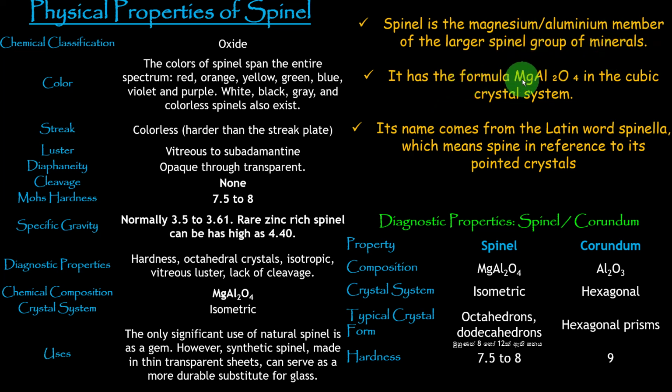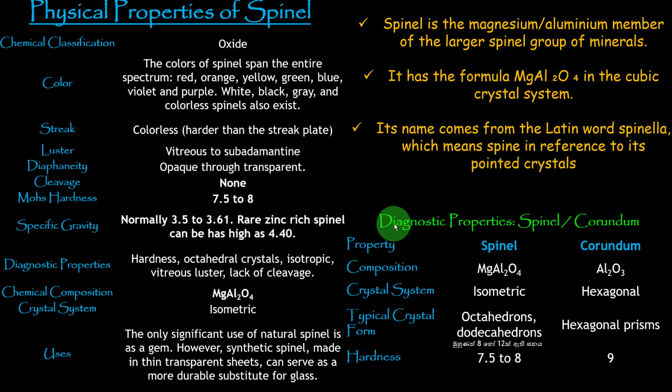It has the formula magnesium aluminate in the cubic crystal system. Its name comes from the Latin word spinella, which means spine, in reference to its pointed crystals. It gives pointed crystals on both sides. So that is where the name spinel comes from.